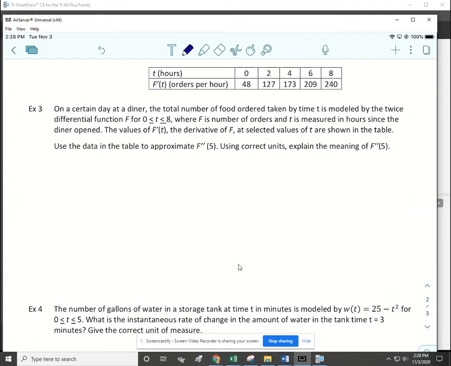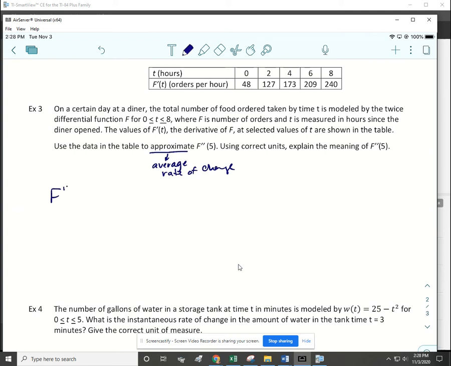Okay, so we're going to do the second derivative of f. So that's going to be the derivative of the derivative. And when we're using a table to approximate a derivative, that's when we use the average rate of change to find our approximation.